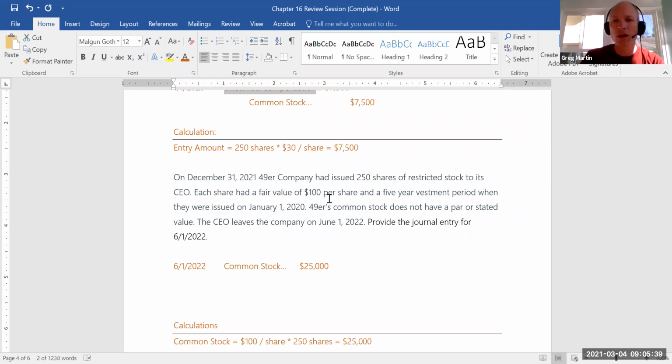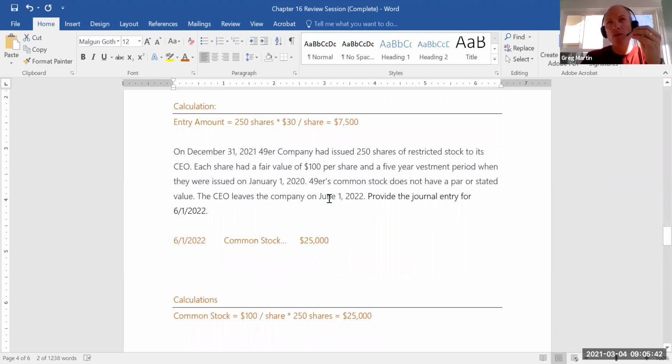And hopefully you see that 3/5 of this $25,000 is still in unearned compensation, because if the CEO had stayed, we would have recorded another 1/5 at the end of 2022, and another amount at the end of 2023, and the final amount at the end of 2024. So 3/5 of the $25,000 is still sitting in unearned compensation.